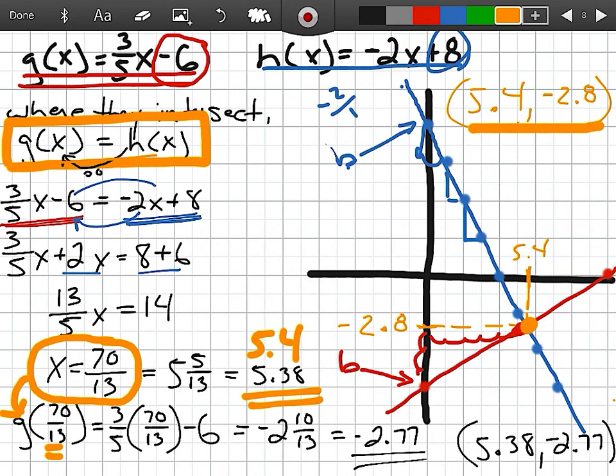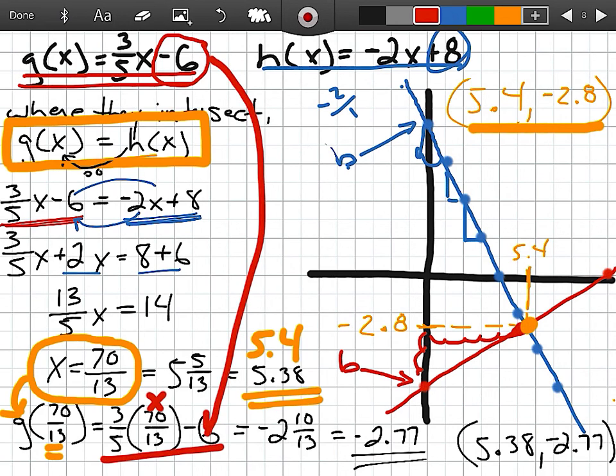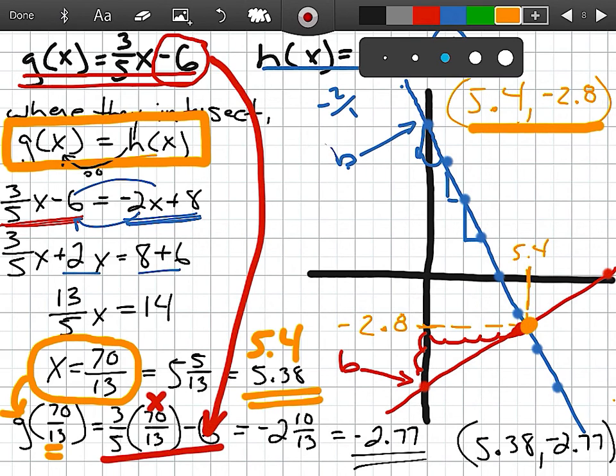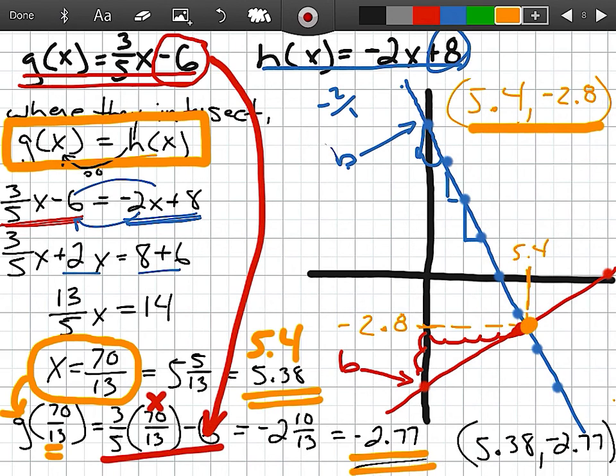So you can see my red g of x here is 3/5 x minus 6. I'm using this equation that I had from the very top. And then it's going to generate a value of negative 2.77, which was really close to my negative 2.8 that I determined graphically.